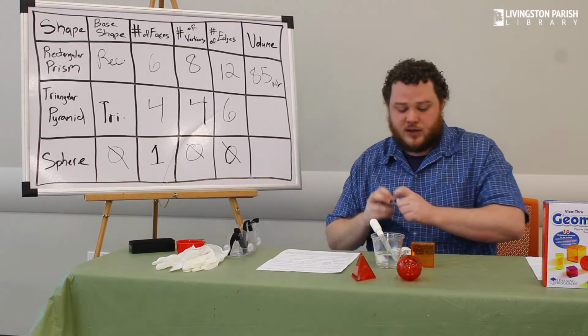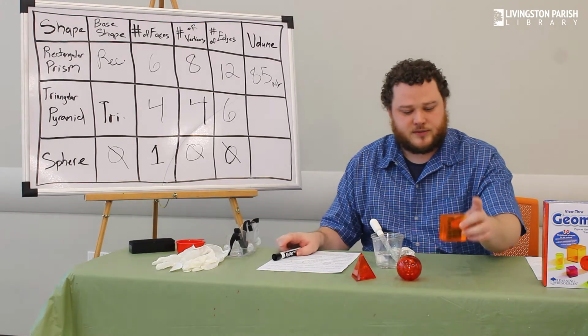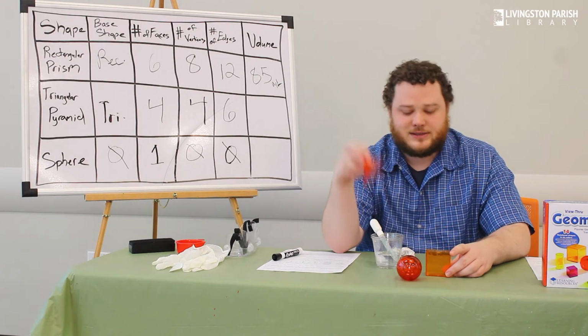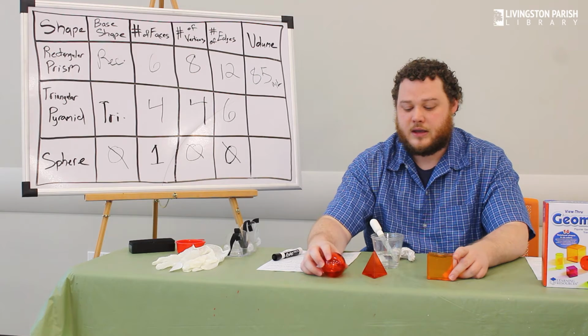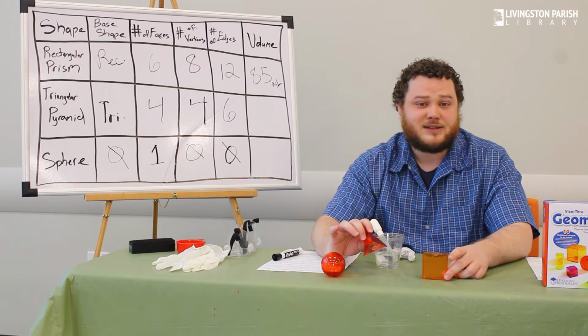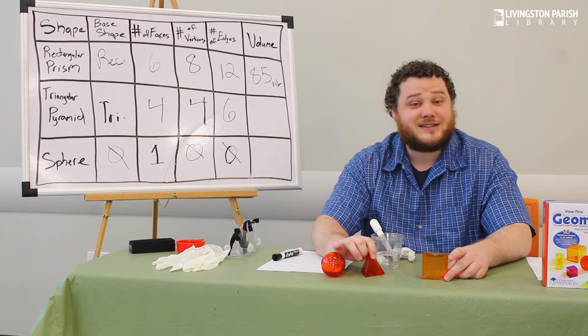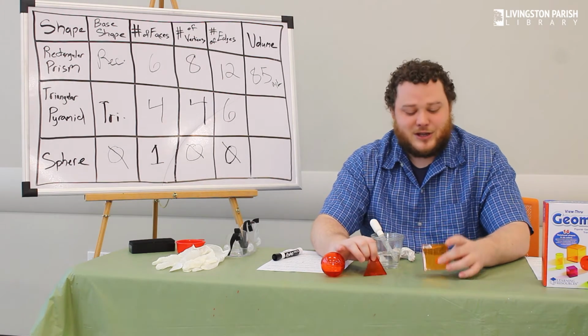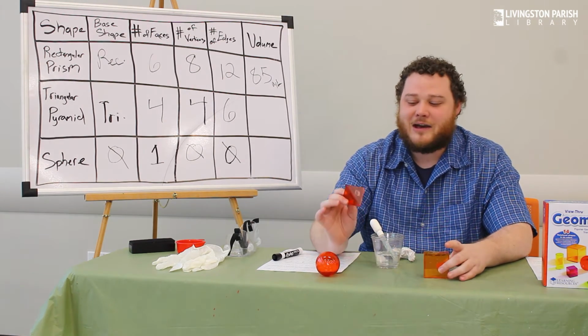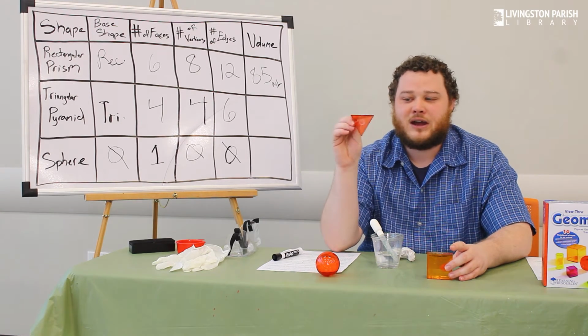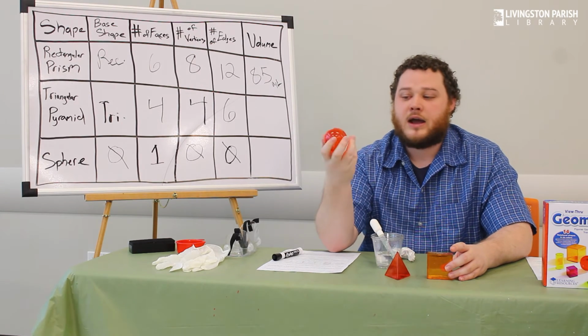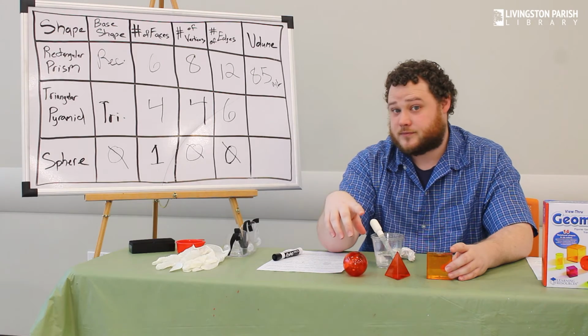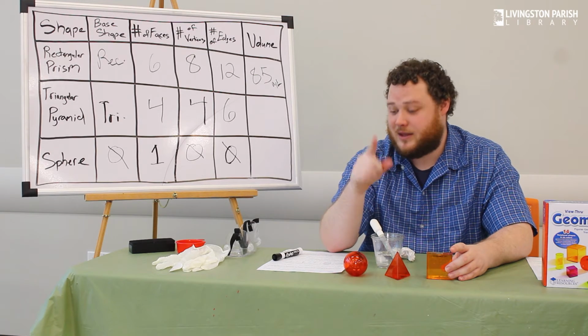So if 85 milliliters fit in this square prism, do we have any guesses or hypotheses? I'm not going to say hypothesis. Do we have any guesses on how many milliliters will fit in our triangular prism or our sphere? You can pause the video and make a guess.